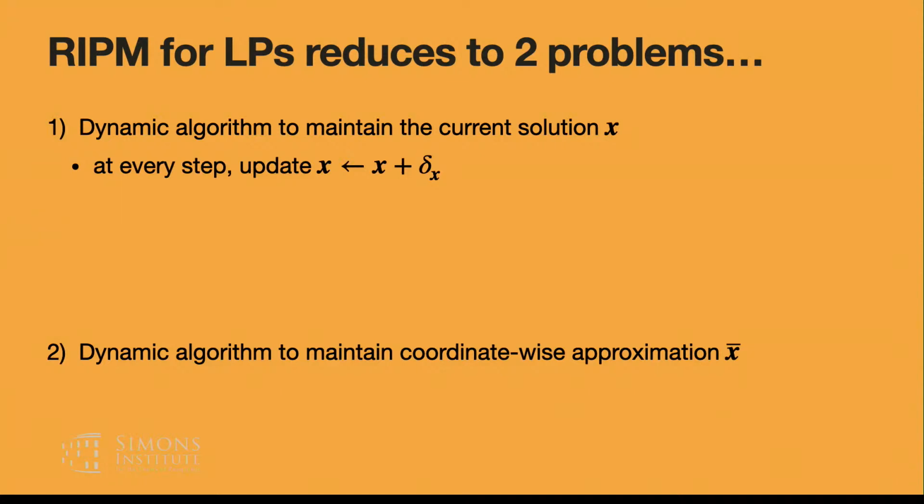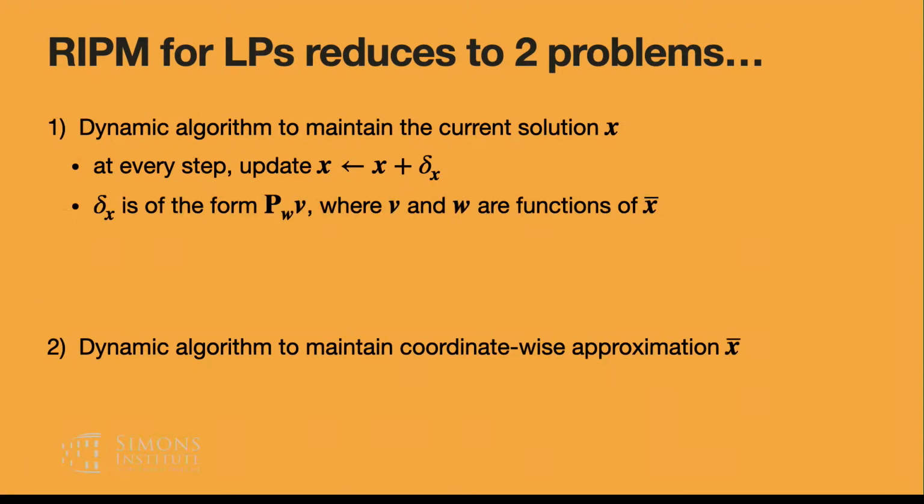First, we have a current solution x for this robust interior point method. It's updating at every step by some delta x. That's the step we're taking to move closer to the next point on the central path. And we know that the step is going to be of the form P sub w times v, where v and w are functions of x bar. So we're using x bar to compute the direction that we're taking, and we're also weighting it so that we stay within the feasible set.